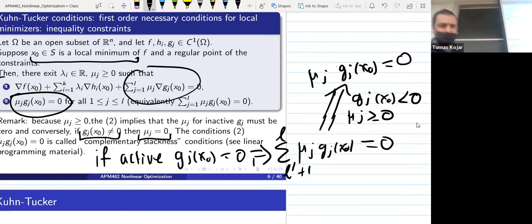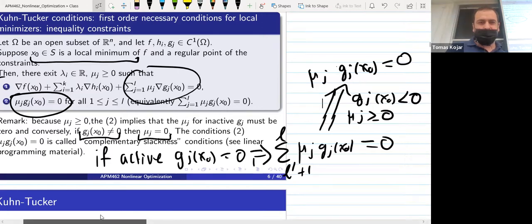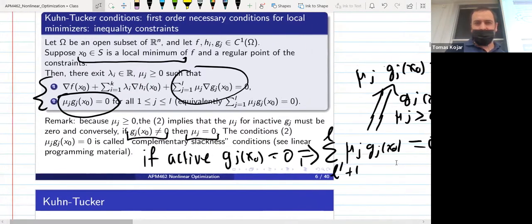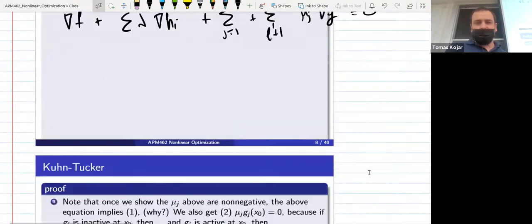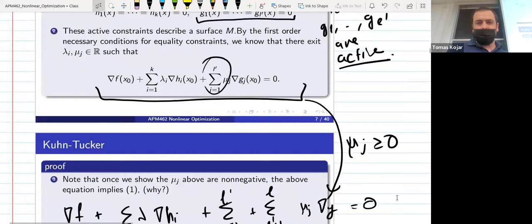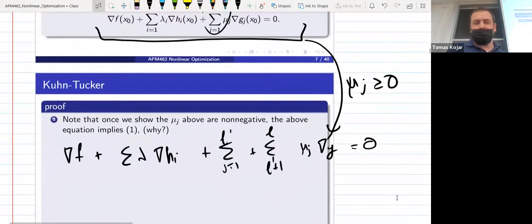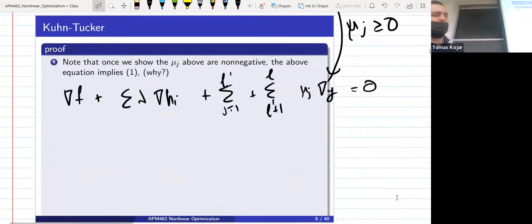So how shall I explain this? Why do I need non-negative? Because I already have that the first terms are 0.